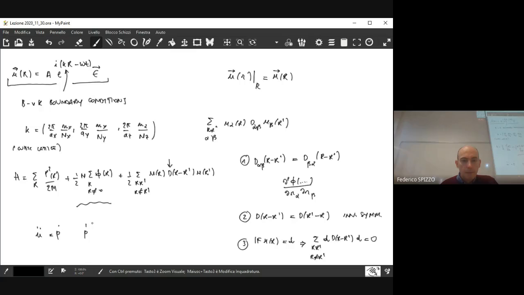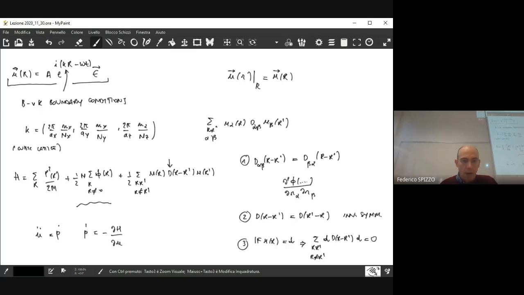We know that P prime, since we are using the Hamilton formalism, if we know the Hamiltonian, the derivative of P is minus the derivative of the Hamiltonian with respect to U. So U and P are conjugated variables.